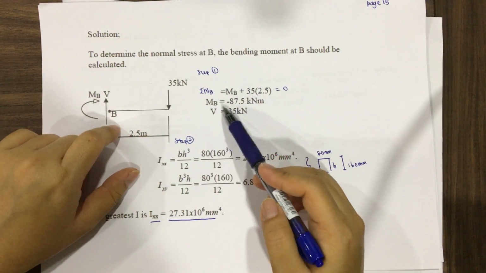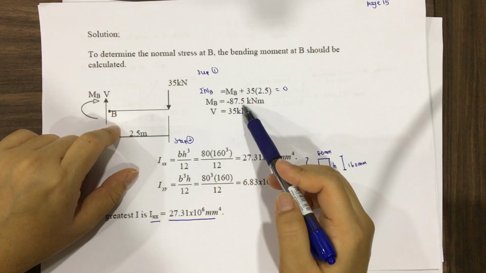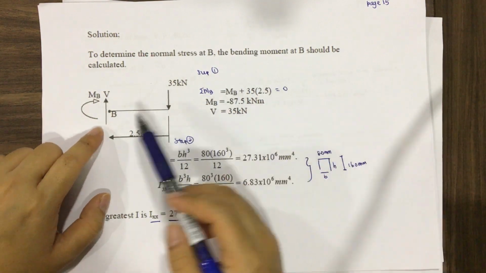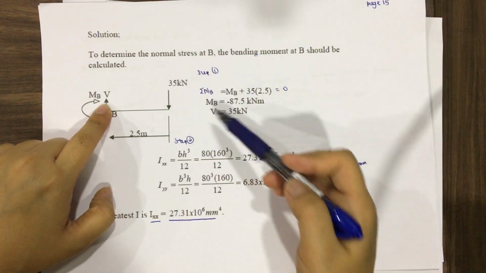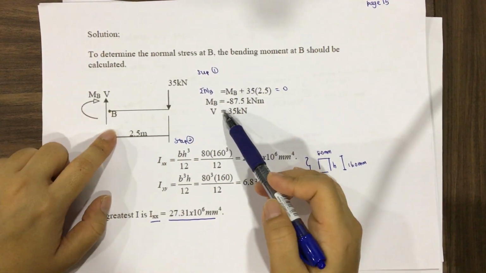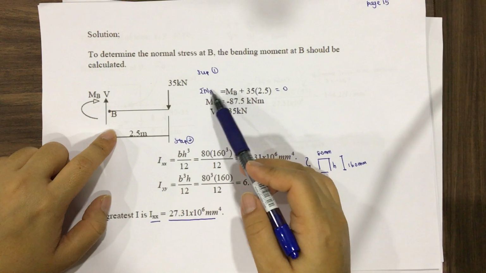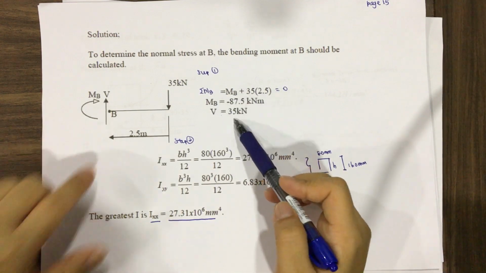So MB equals negative 87.5 kilonewton meter, and V is equal to 35 kilonewton. Total Fy equals 0, and total moment at B equals 0. Then you obtain this value.